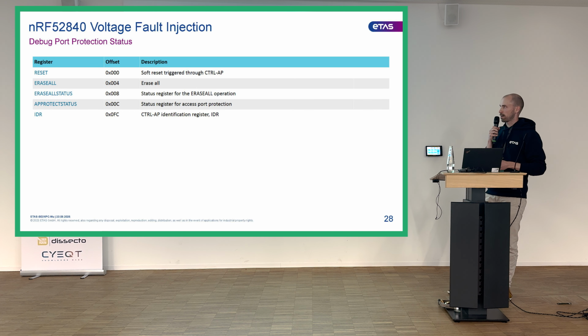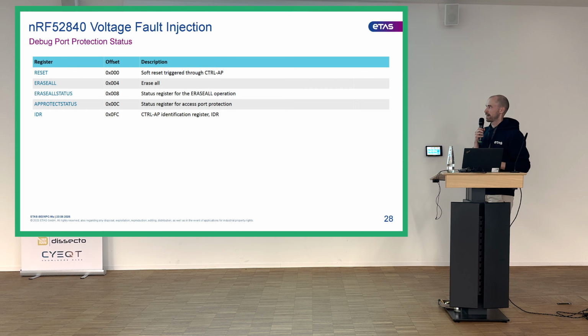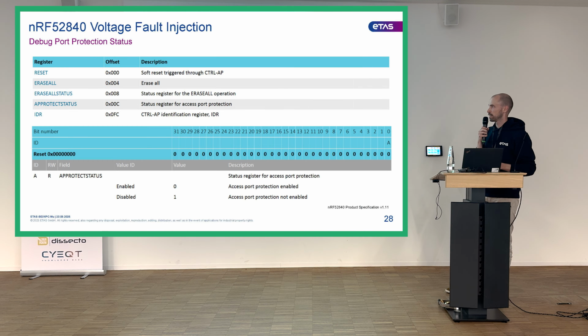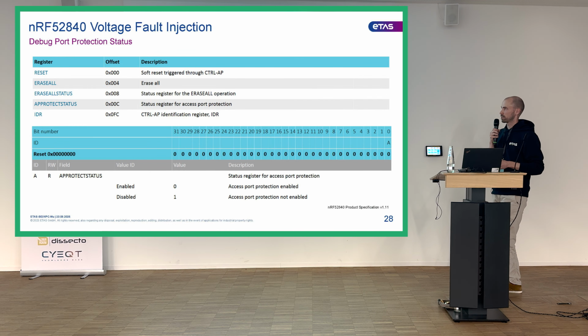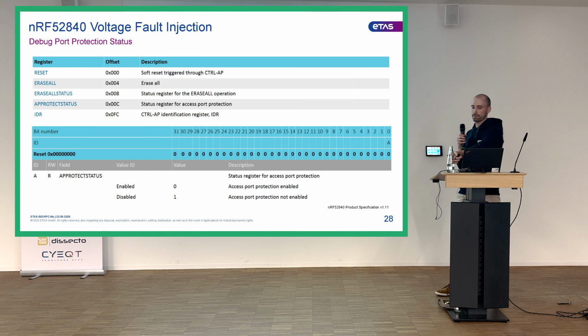I can see how it's doing with the erasing, or I can ask it, hey, are you protected or not? So is the AP protect status 0 or 1? This AP protect status, at register address C, only has a single bit, which tells us whether the protection is enabled or disabled.